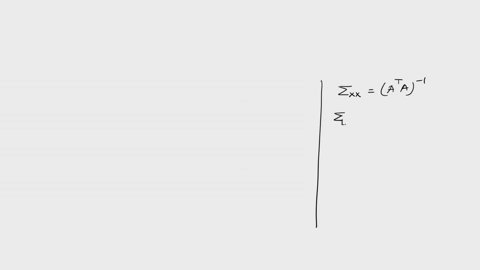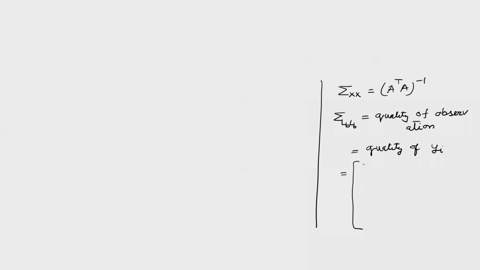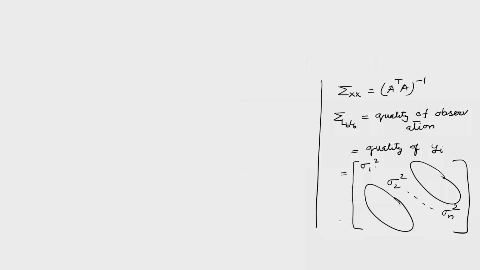Moreover, I would like to say here we know sigma LB, the quality of observation. What is the meaning? We are talking about the quality of yi measurements. We write it here: sigma 1 square, sigma 2 square, sigma n square, all the off-diagonal terms are 0. Remember, using this only we have constructed our weight matrix P.